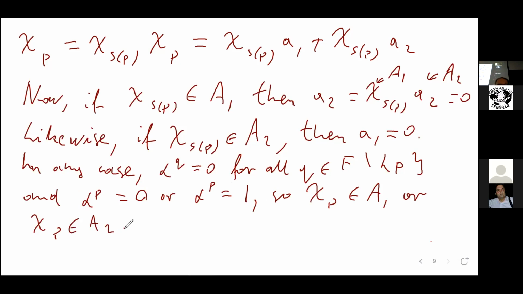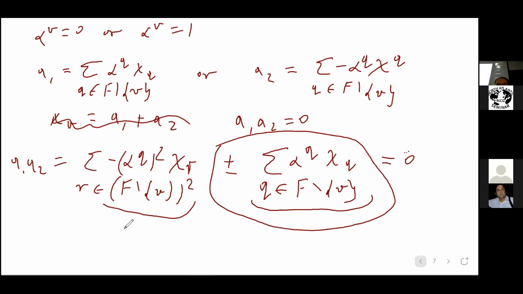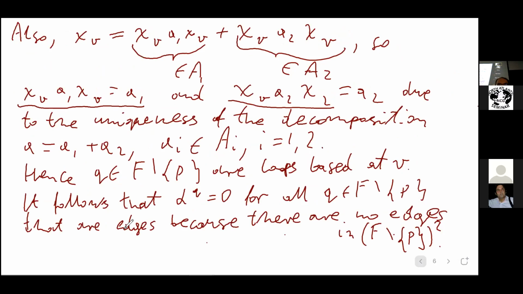Well, why can we do it? Let me think. Why did I write this sentence? Well, of course, remember that we have this decomposition at the very beginning.